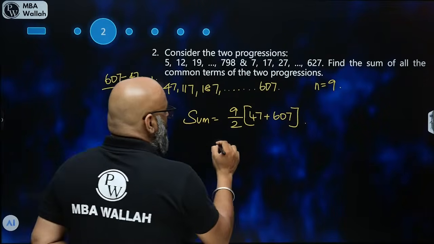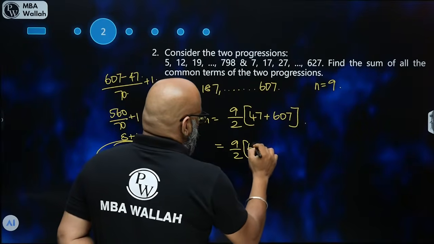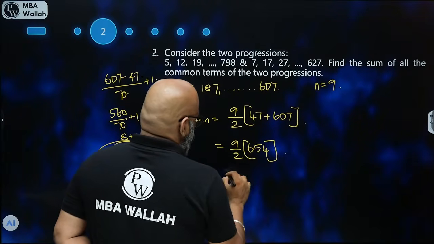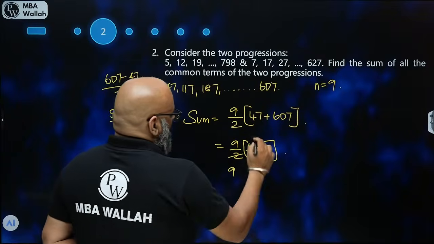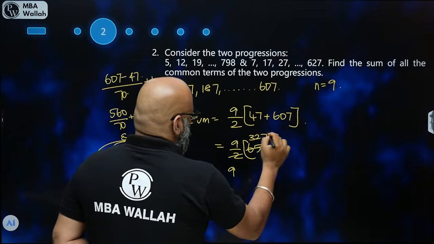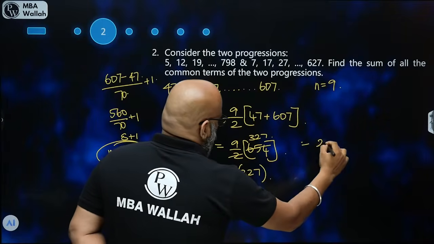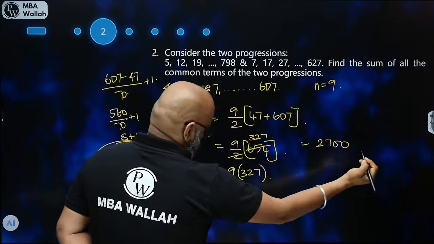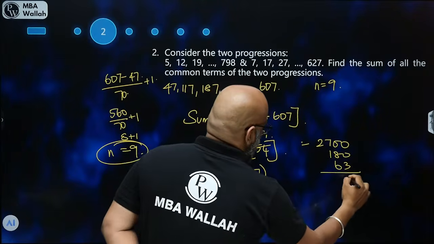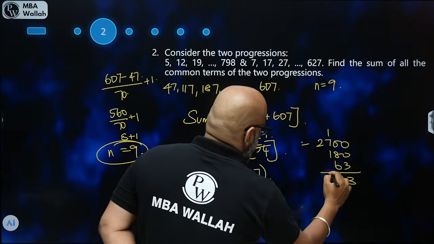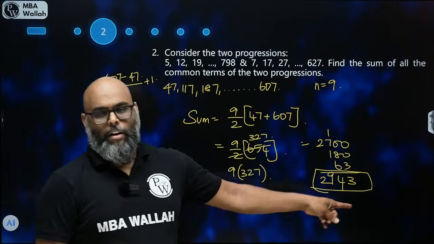So what will this give me? 9 by 2 into, this will become 654. 9 by 2, I can cancel this as 327. So 9 into 327 will be 2700, 180, 63, 2943, and that will be our answer.